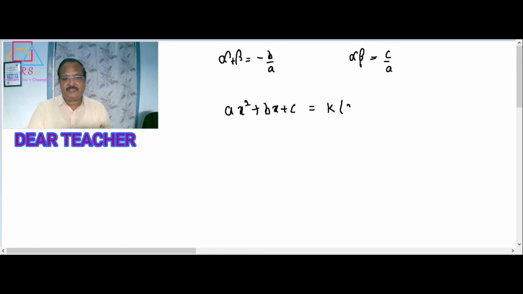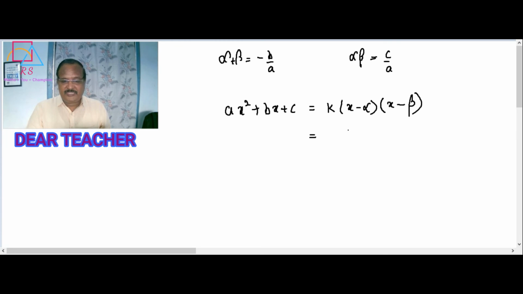Let us write k into (x minus alpha) into (x minus beta), because if alpha is a zero, the related linear polynomial is x minus alpha, and if beta is a zero, it is x minus beta. k is a constant, a common number. You have to express the quadratic polynomial as the product of two factors. Sometimes k is equal to 1, sometimes k may be some other number.